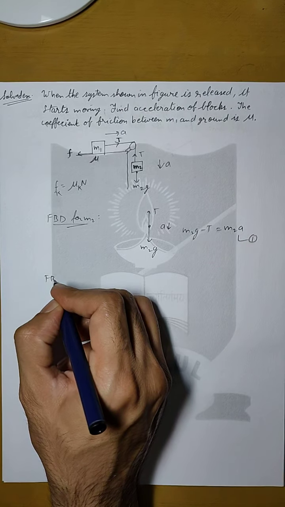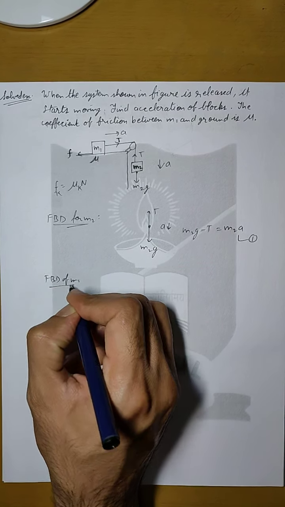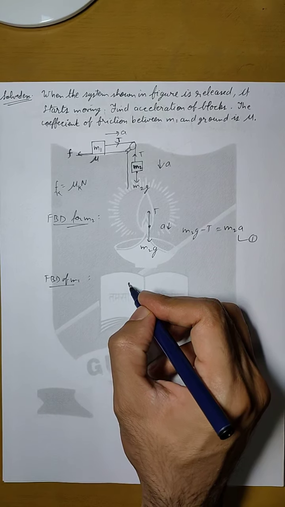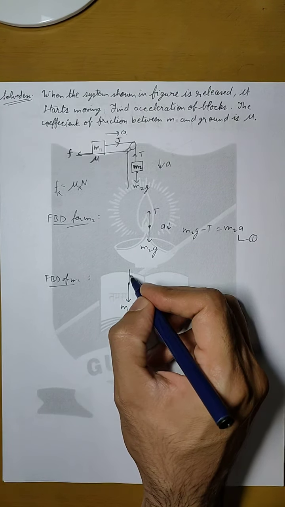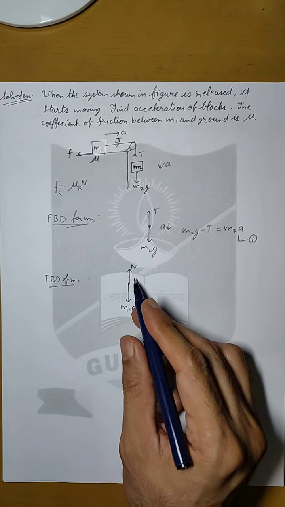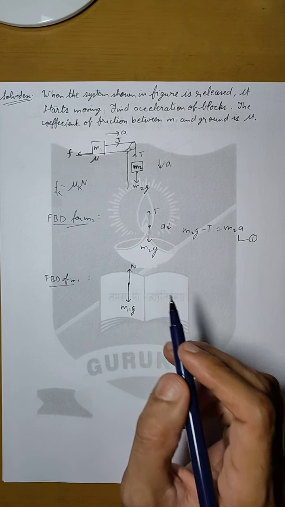If we draw the free body diagram for M1, then M1 has its weight M1G acting downward. There will be a normal reaction N to this weight by the ground in the upward direction.